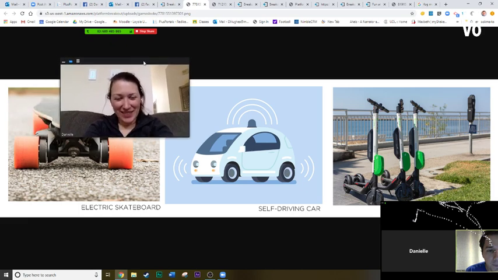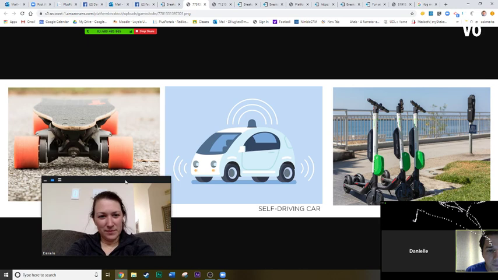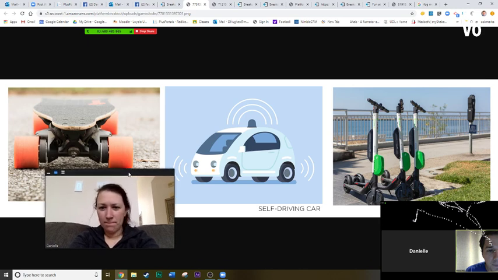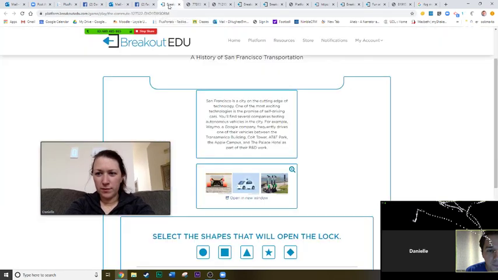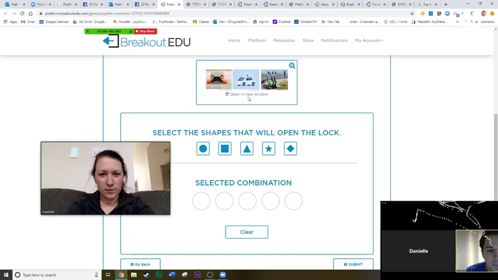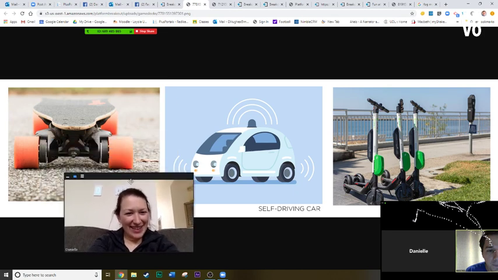Okay, so we're looking at shapes. This is the electric skateboard, the self-driving car, and the electric scooter. And there are 5 shapes? What? I get so mad at escape rooms. This is a terrible idea that I'm streaming it live. Okay.